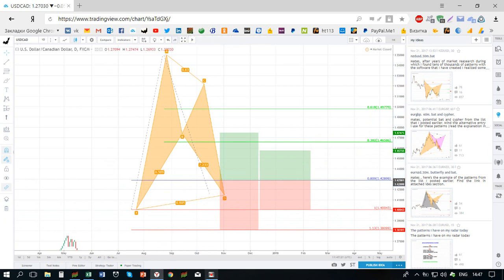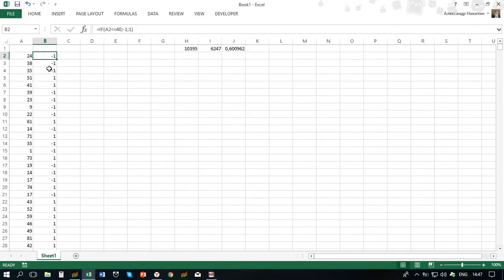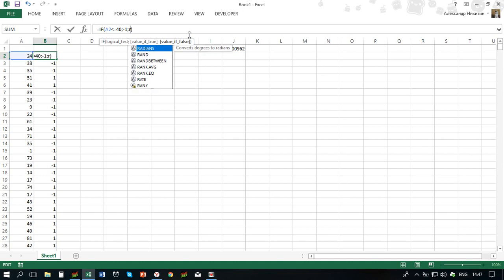Okay, let's type it in our simulation Excel spreadsheet. Instead of winner, it should give us a random number. RAND BETWEEN.